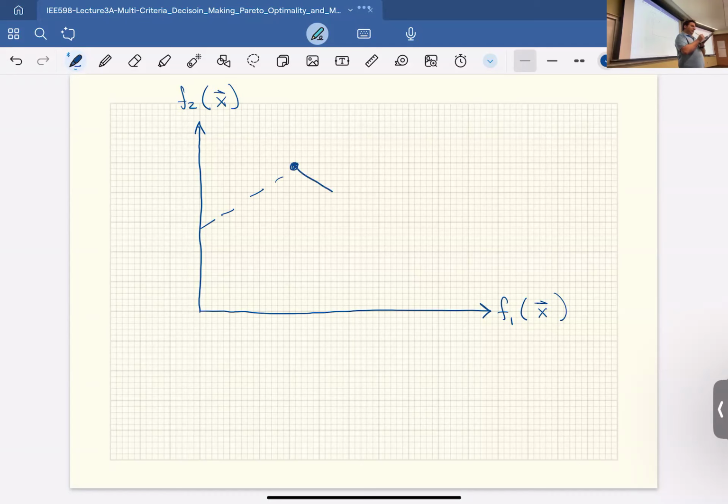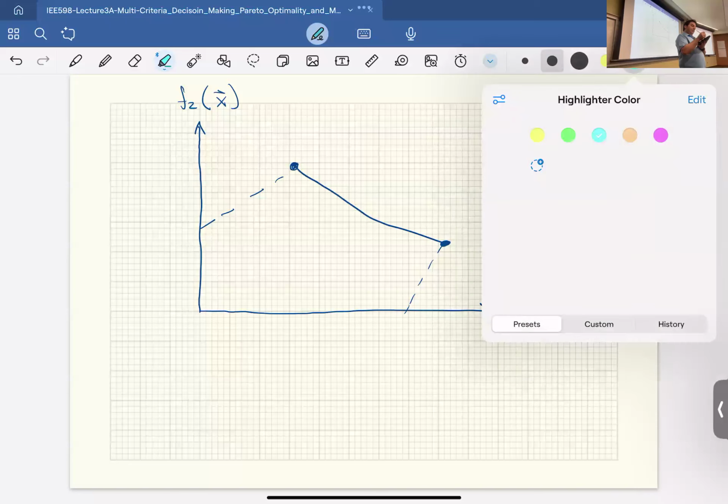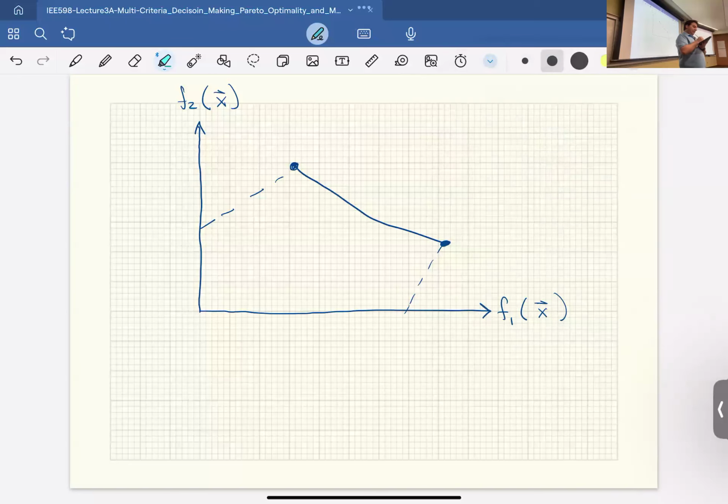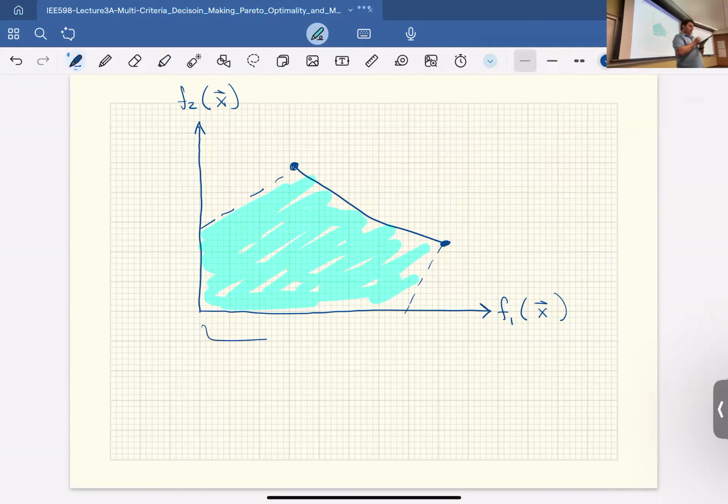So maybe it's got this upper ridge, and there can be this whole area down here. This whole area down here are all of the feasible combinations of F1 and F2 for some value.